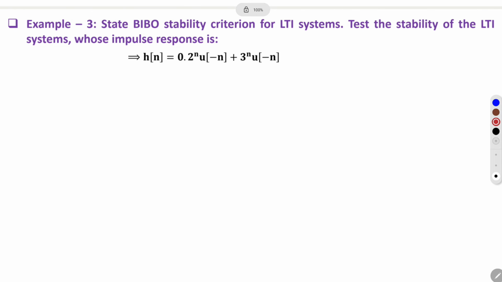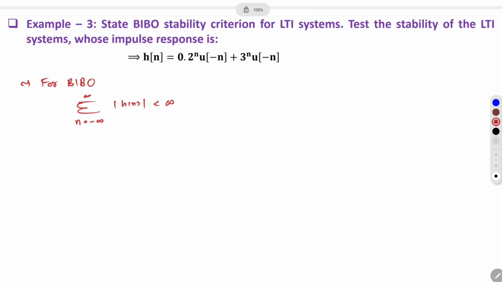Let me write it over here. See, for BIBO, bounded input, bounded output, the summation of the impulse response, with n varying from minus infinity to plus infinity, mod of h of n, should have a finite value, right? Means it should be lower than infinity. Then one can say the given system is BIBO, bounded input, bounded output. So this is what we need to check.